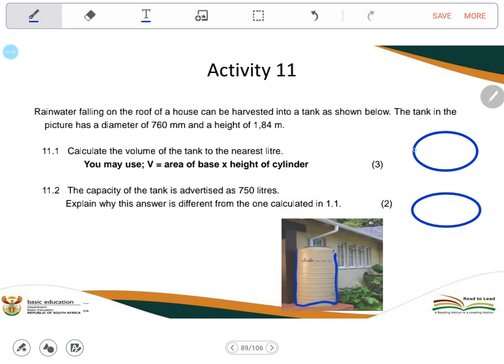So I'm just going to complete a drawing of a cylinder here. A cylinder has a circle at the top and a circle at the bottom, and so we will have a center of a circle, and in this case we are told that it has a diameter.